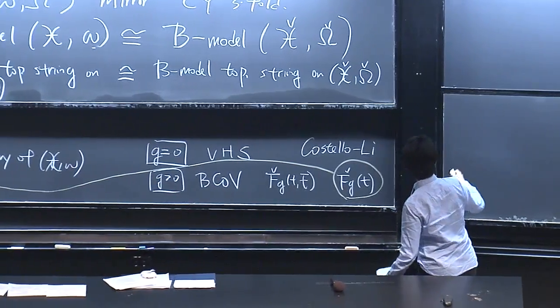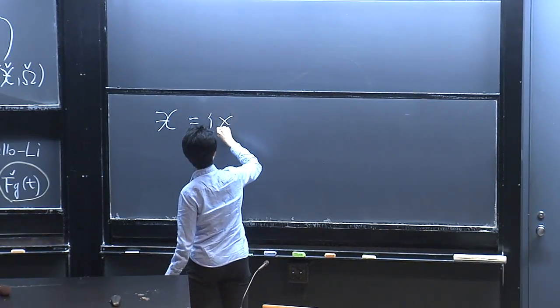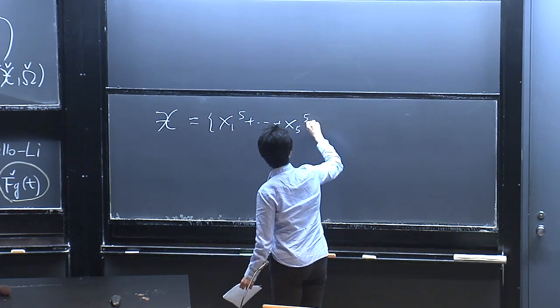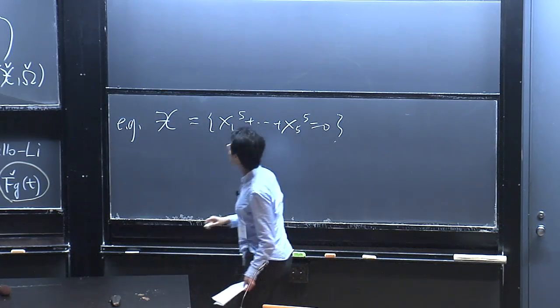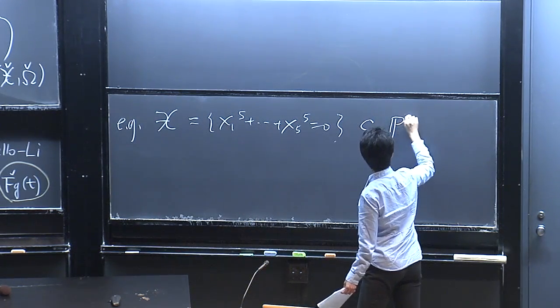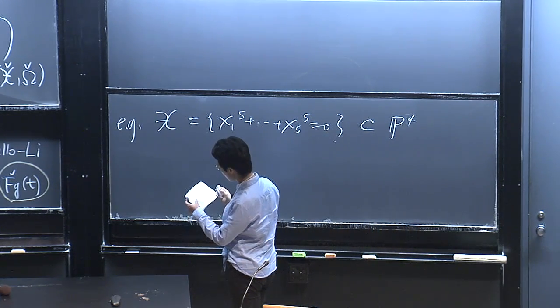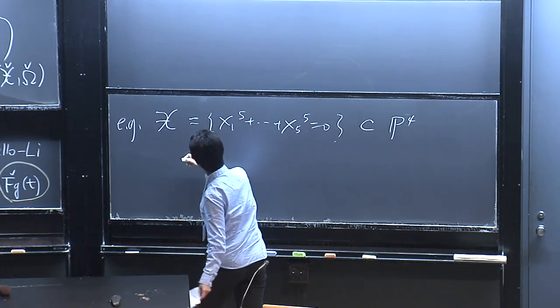For example, the most famous example is when X is the quintic threefold, defined by a degree 5 polynomial in projective space. This is a compact Calabi-Yau threefold.